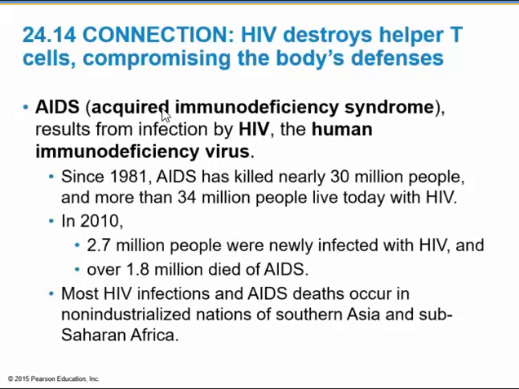AIDS, acquired immunodeficiency syndrome, results from infection by the HIV virus. It's killed a lot of people. And nearly as many people as have been killed by AIDS live with it today, infected with HIV. Most infections and deaths from AIDS and HIV occur in other countries.